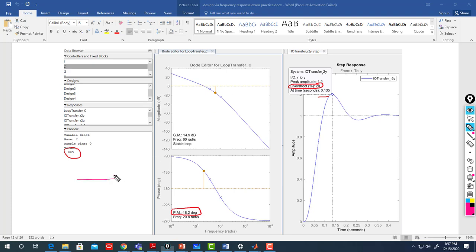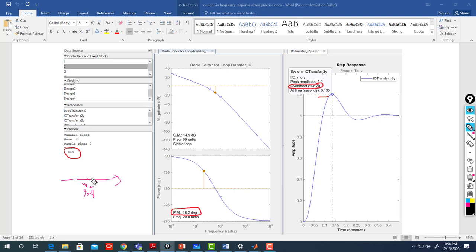So if this is my frequency Bode plot scale, this is the 20.8, the gain crossover frequency, which is 20.8 radian per second. You need to add a lead compensator in between, so your pole and zero are in between.